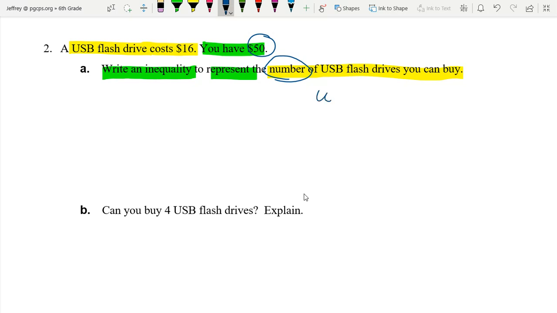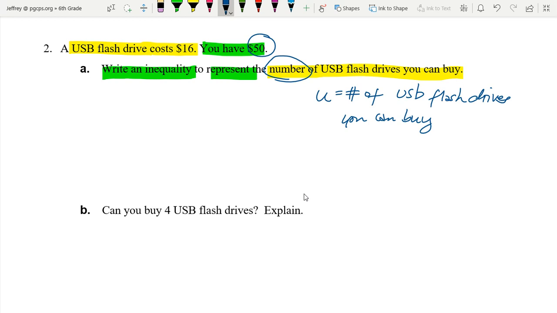So let U represent the number of USB flash drives you can buy. You always need to identify what your variable is and what it represents, okay?